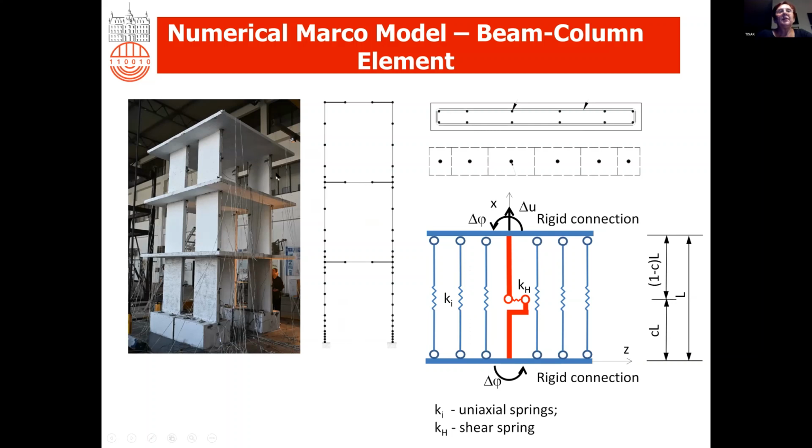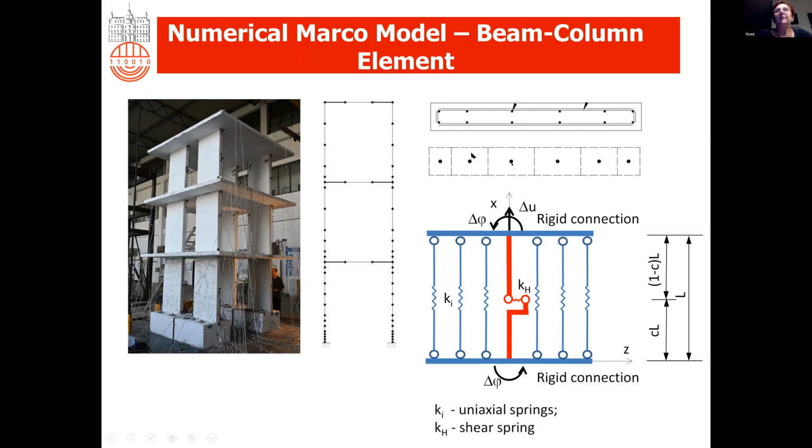This is an example of a specimen that we recently tested, and we already performed some analysis. Each pier was modeled with such beam column elements.